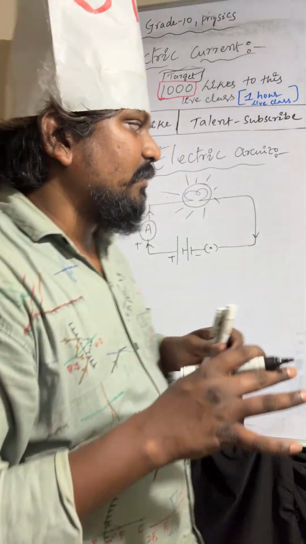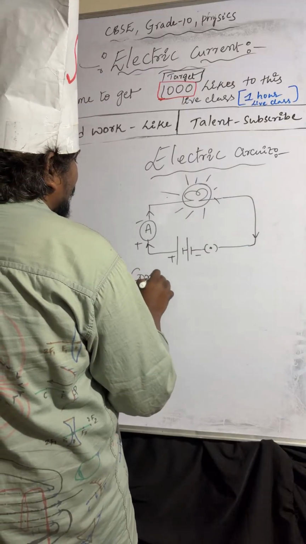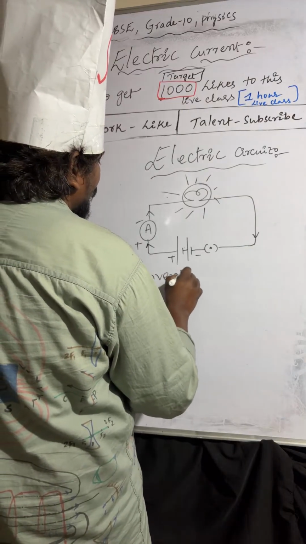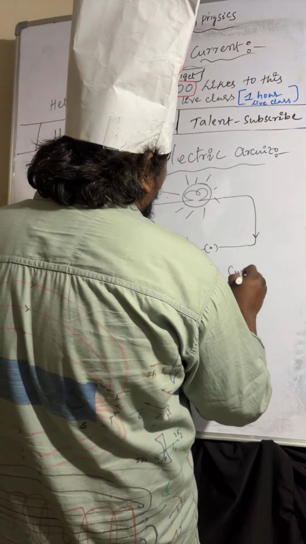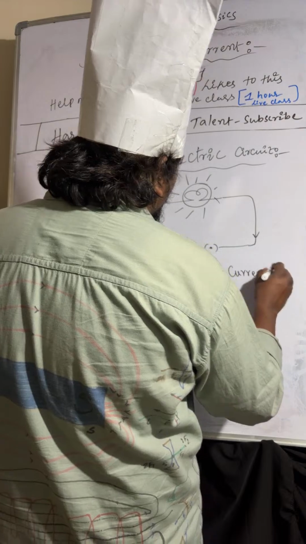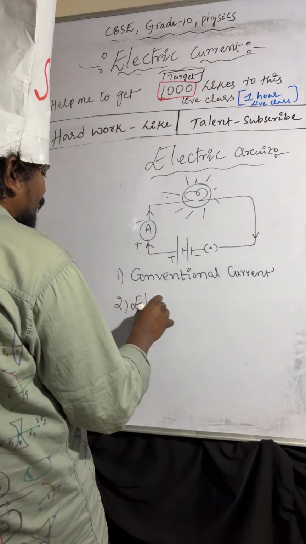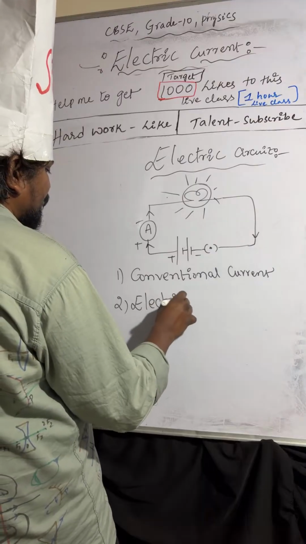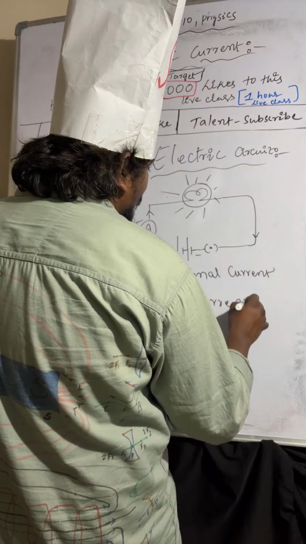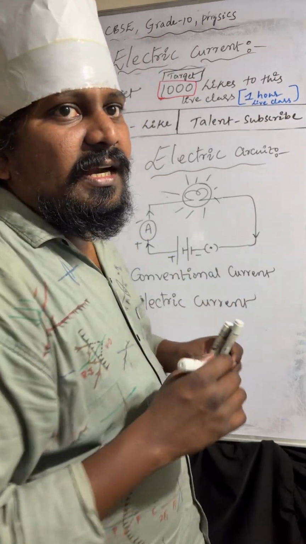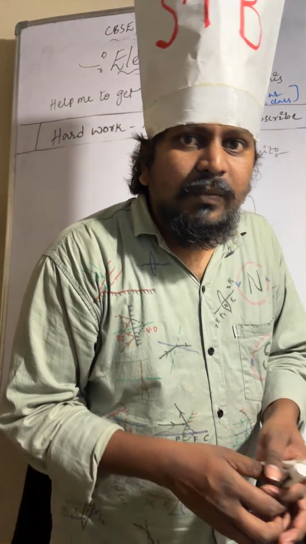Conventional current is nothing but the flow of positive charges.